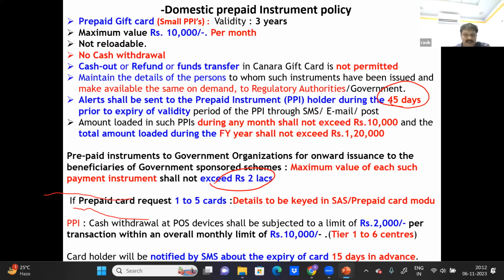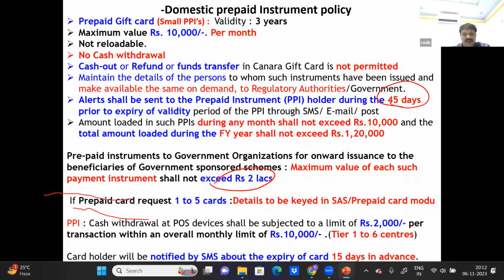If the prepaid card request is 1 to 5 cards, then the details are to be keyed in SAS. There is one line they have written: 1 to 5 cards should be keyed in SAS. Cash withdrawal: in credit card, I told you, tier 1 and 2 is 1,000, and remaining tier 3 to 6 is 2,000, like that we have read. But here the prepaid card amount is different.